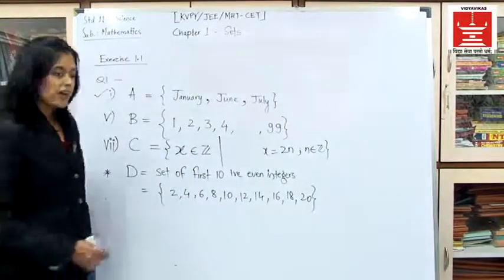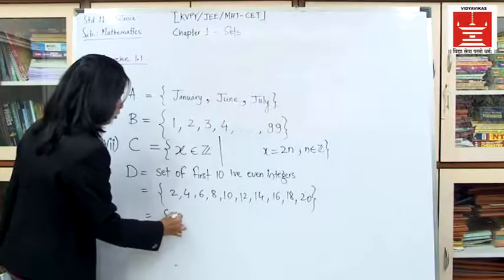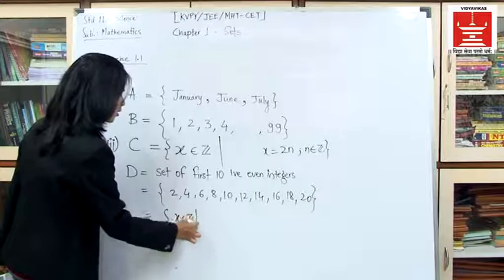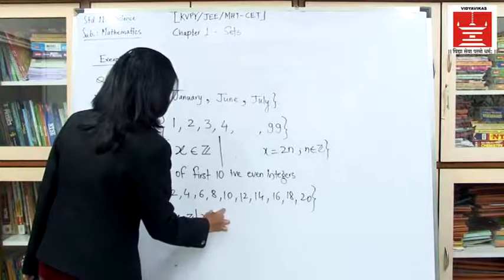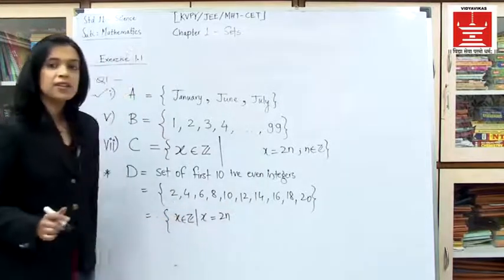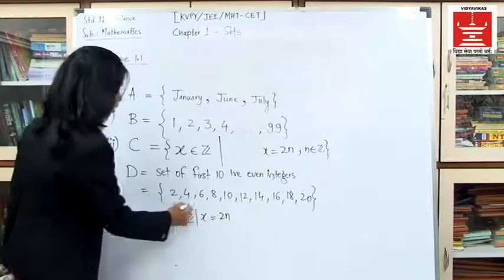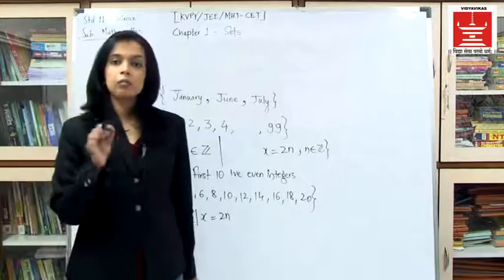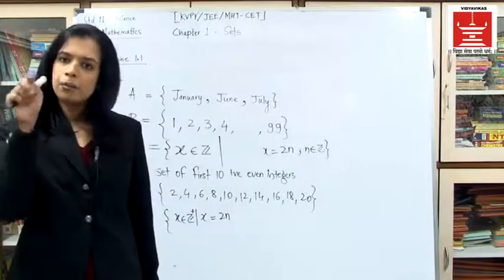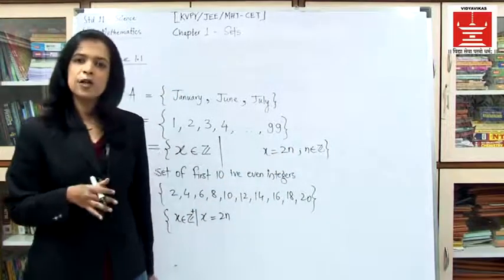You can also write this in the set builder form like this. The collection of all integers x such that x is 2n, but now what is the extra condition? x is positive, so x belongs to Z plus. This is again a notation to denote positive integers, Z plus. The plain Z includes negative integers and 0 also.